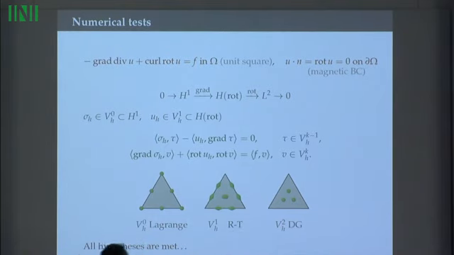So the rot maps the Raviart-Thomas into the discontinuous piecewise linears, DG linears. This is a subcomplex: the gradient of Lagrange is contained in Raviart-Thomas, and the rot of Raviart-Thomas is contained in DG linears.